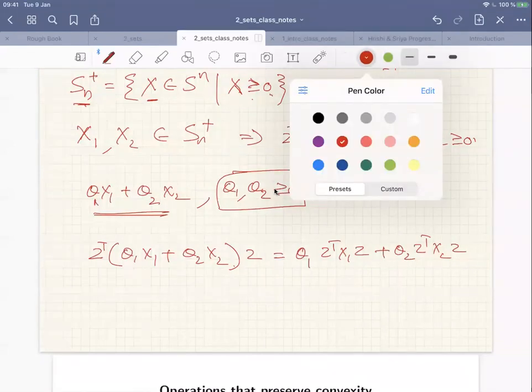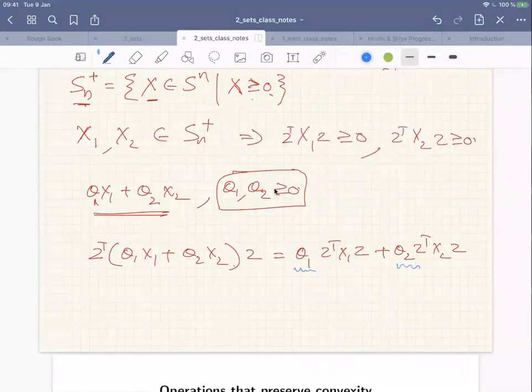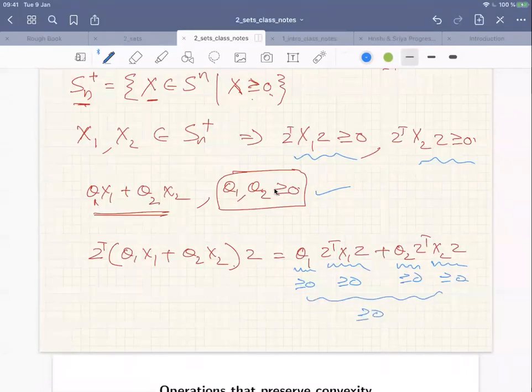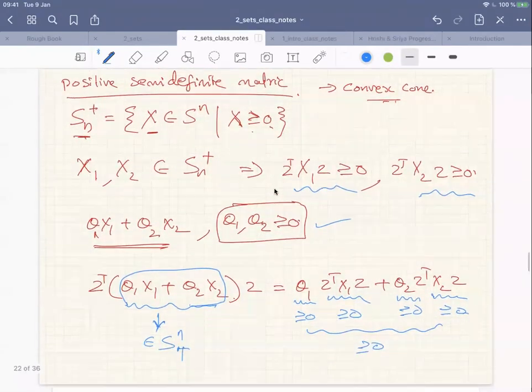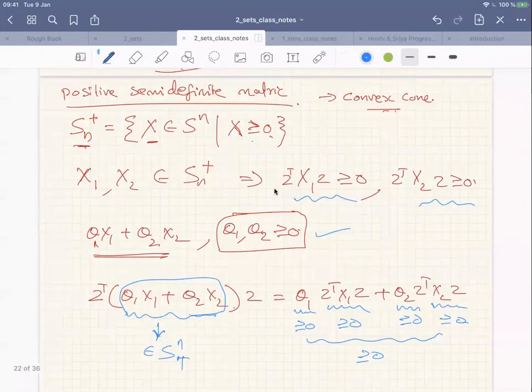So now we know that theta 1 and theta 2 are non-negative from this definition, and these terms, we already said, are non-negative. So this is also non-negative. So altogether, this has to be non-negative. So this conic combination again belongs to the set Sn plus. Yeah, so we saw that the set of positive semi-definite matrices is a convex cone. So that is again convex.